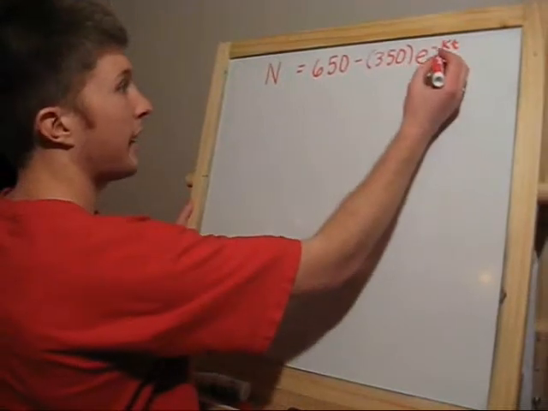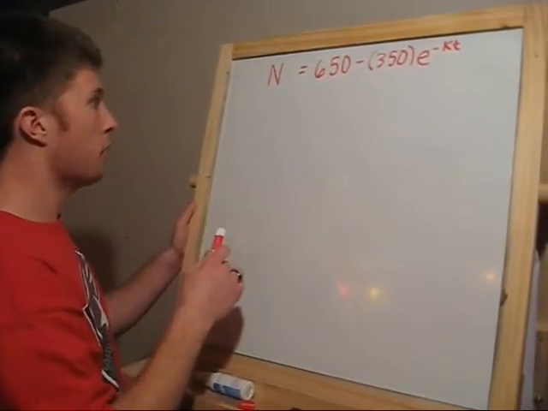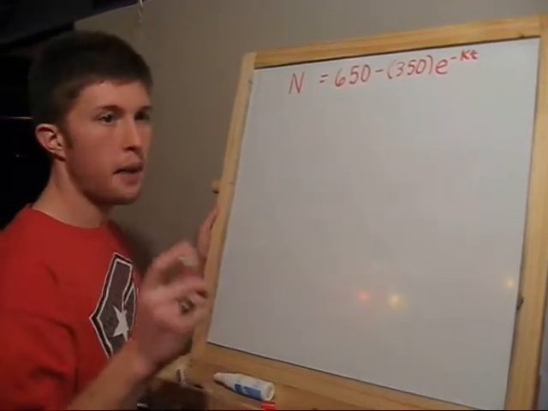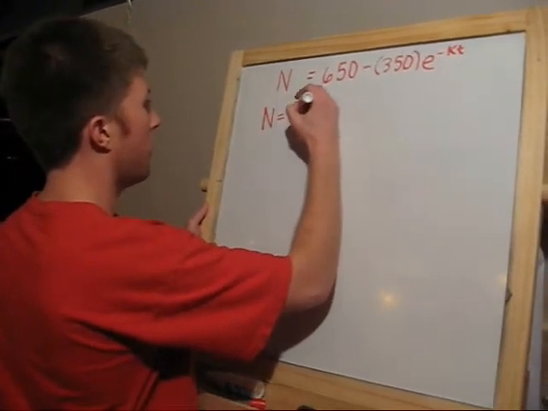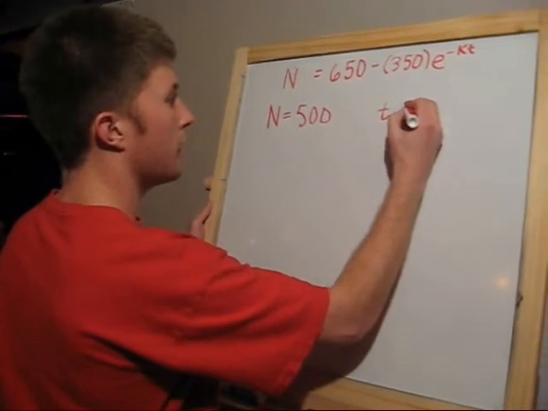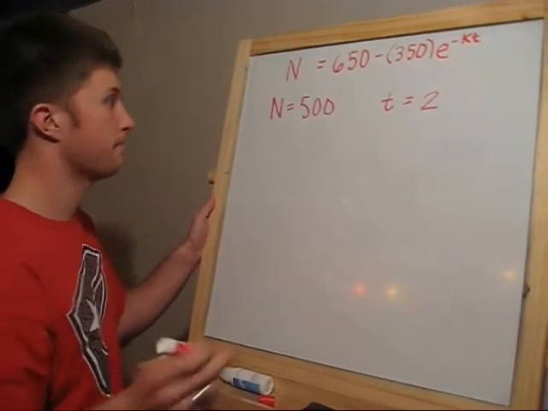Next, we're going to find k. Now we're going to do this by going back to when N equaled 500 feral hogs, and there were 2 years passed since 2009. So N equaled 500, while t equaled 2 years passed since our research began.